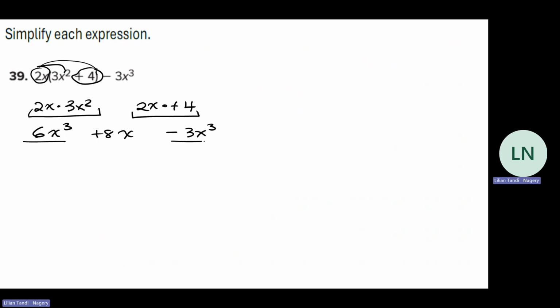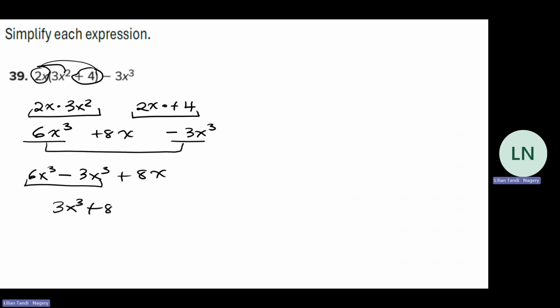This and this are friends. So 6x cubed minus 3x cubed plus 8x. So this becomes 3x cubed plus 8x. And you box your answer.